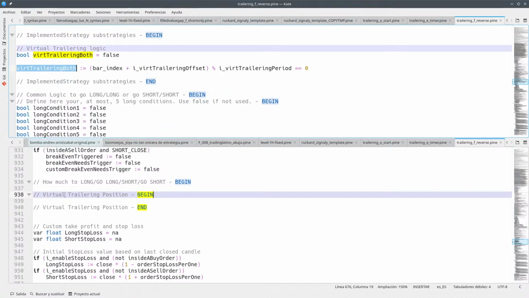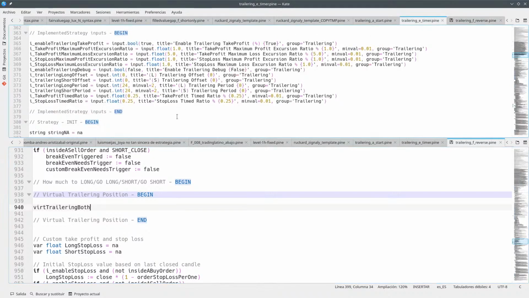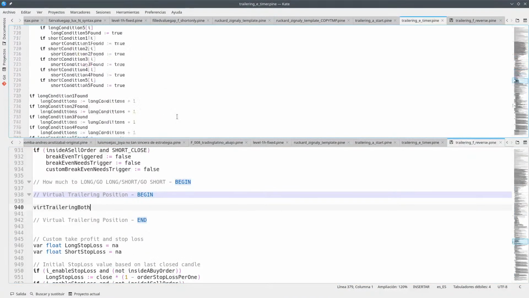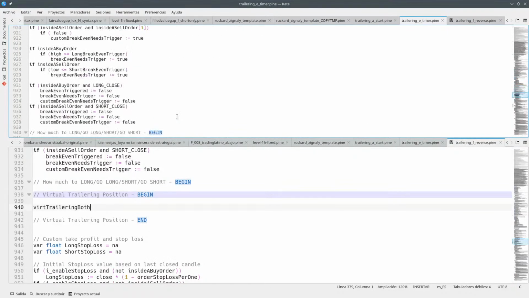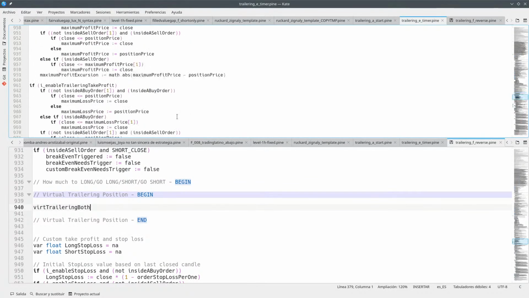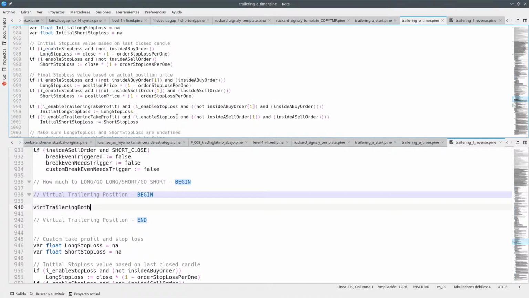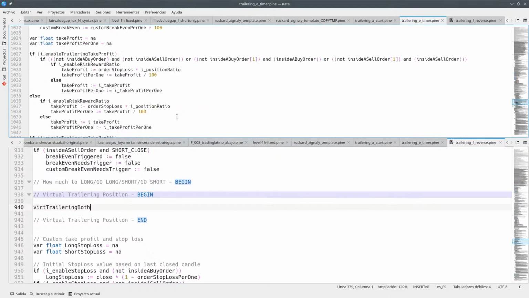The way you know that you are in a position or not is using the same code as you were using here on 939 something. Yeah, around here.